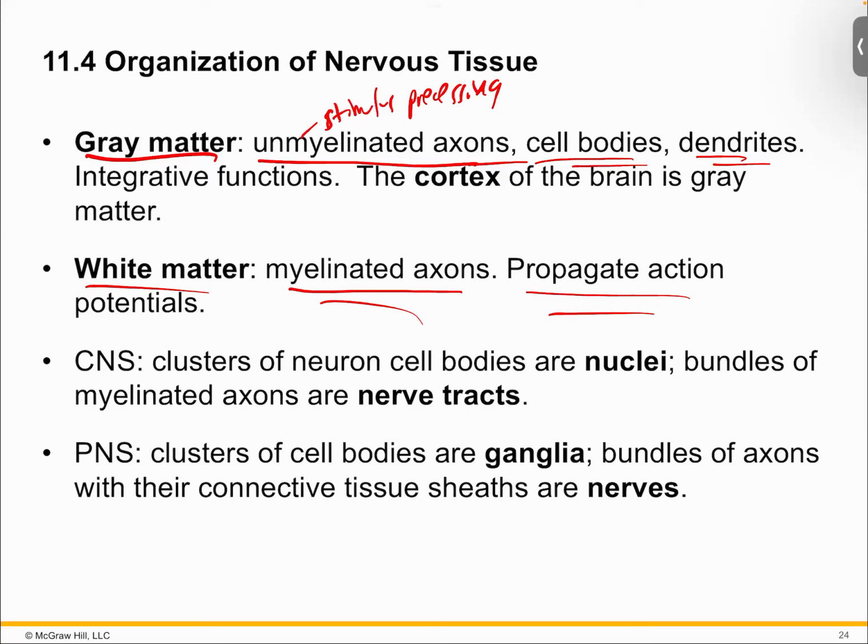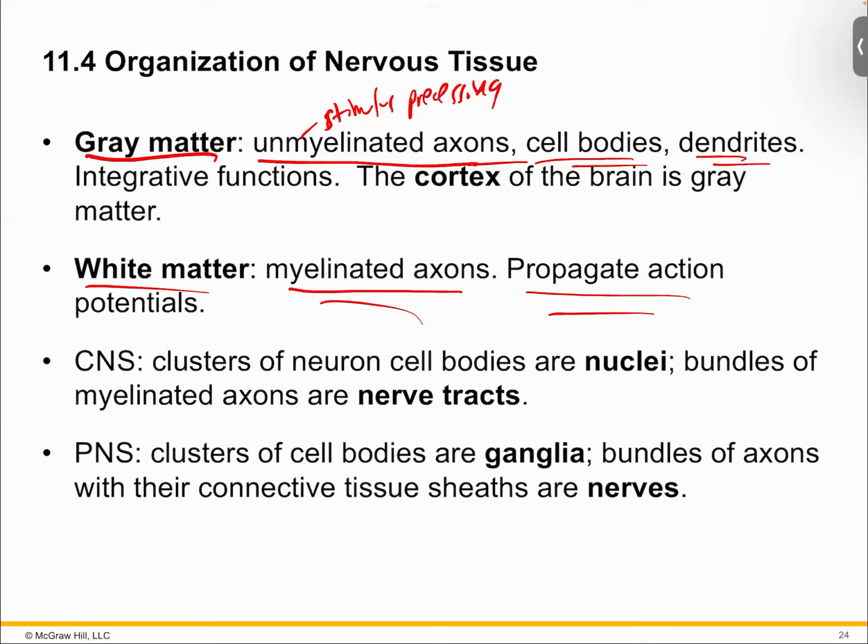Now, in the central nervous system, there's a little bit of nomenclature here. We've kind of already met it, but there's a different set of terms, and you probably picked this up already, right? Oftentimes in the central versus the peripheral nervous system, we have parallel terms with different names. Remember, in the peripheral nervous system, we had a cluster of cell bodies, which we called a ganglion, right?